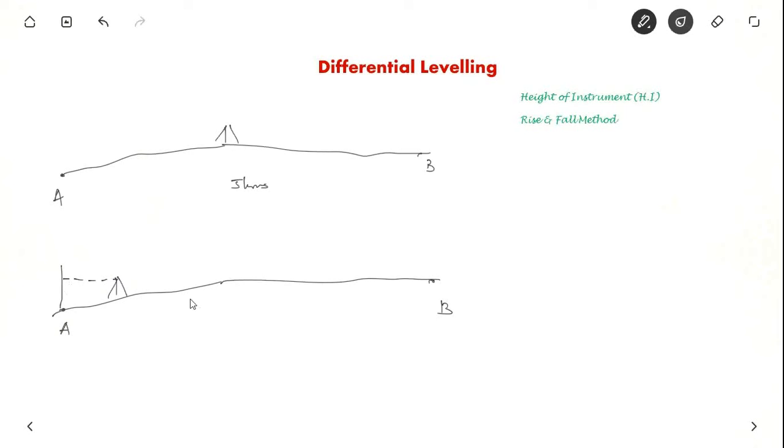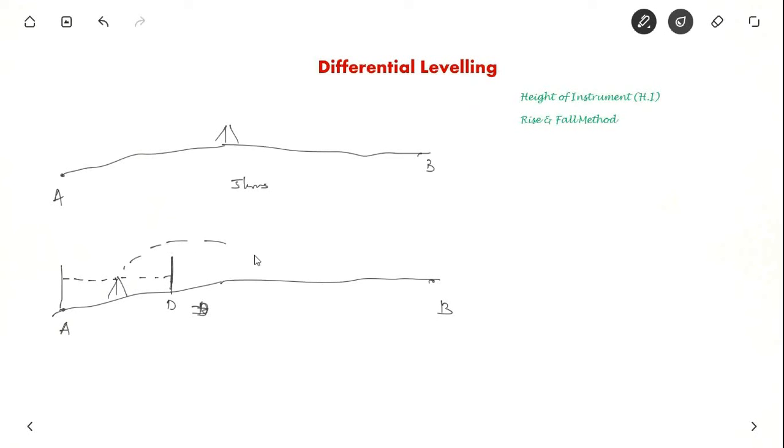Now you go for another point, let us say it is D. So you keep a staff which is nearer to the height of instrument so that you are able to see the reading. Now you keep the same staff level at D.